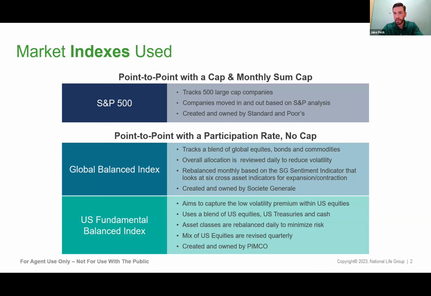We also have the volatility indexes. So just like you have the US Pacesetter on the IULs, you've got your Balanced Trend index. We've got a US Fundamental and a Global Balance index. I would say the best recommendation I can give you all for these types of products is do what you're comfortable explaining, and that clients recognize the S&P 500. It's the easiest way that we measure the overall health of the economy.